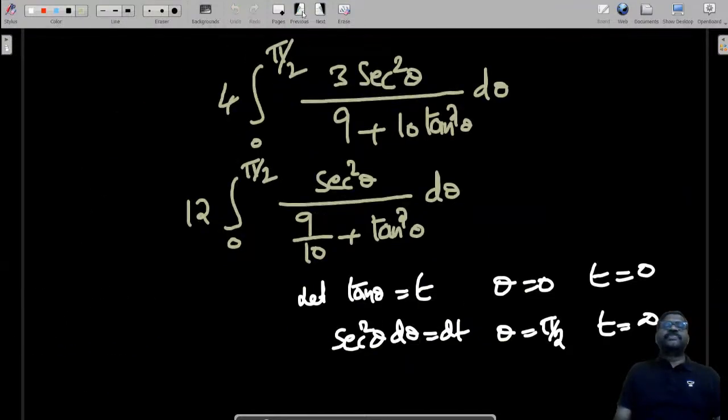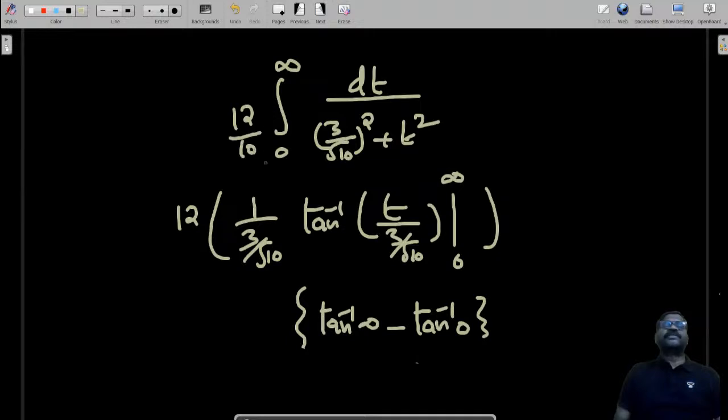By taking 10 common here, the 10 will come here, 12 by 10. So 12 by 10.